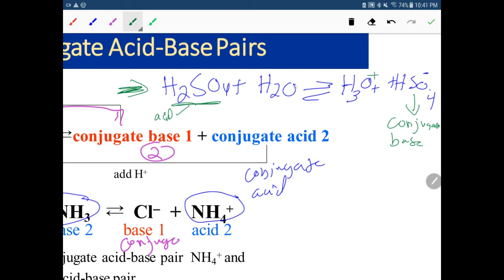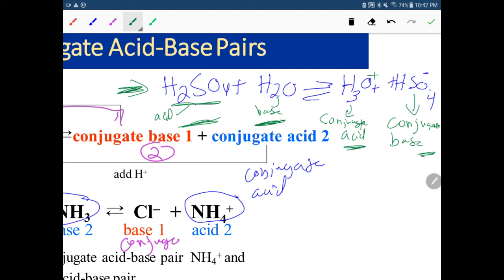Since H2O becomes H3O plus by accepting a proton, H2O will be our base in the reactant side, and right away the base in the reactant side will be the conjugate acid in the product side. So this will be the conjugate acid, right? The acid becomes the conjugate base, and the base becomes the conjugate acid.